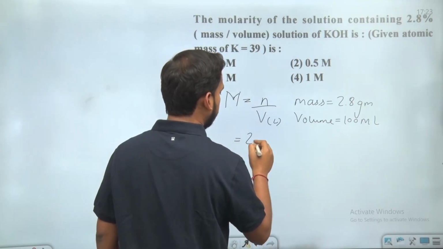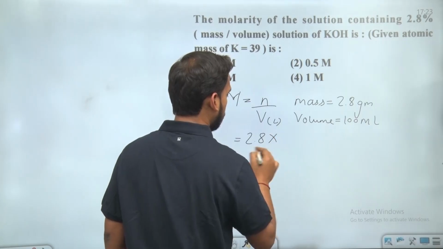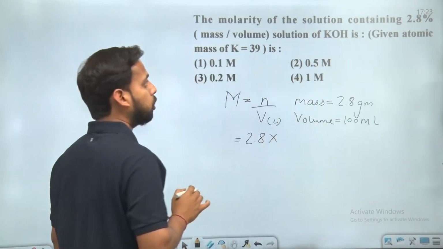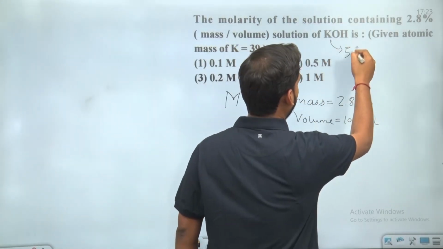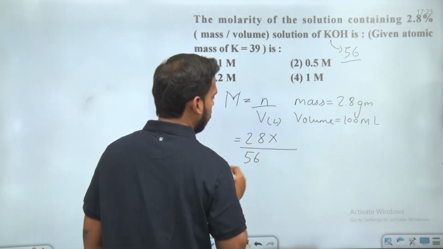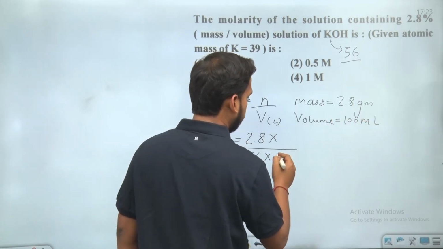So molarity is number of moles divided by the volume of solution in liters. The molecular mass of KOH is 56. So it will be 2.8 divided by 56, and the volume of solution is 100 ml.